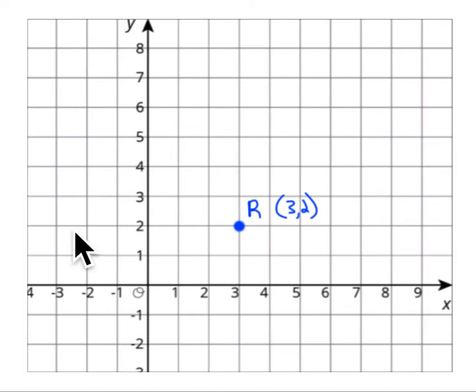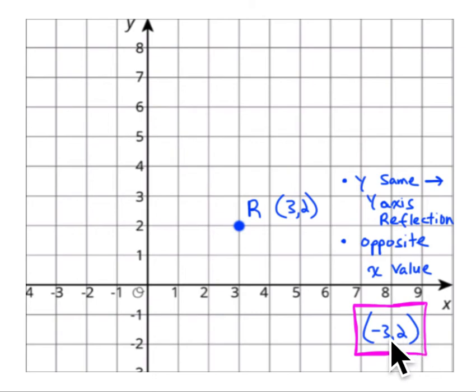So you're going to go in this direction. Notice that the x value now changes signs, but the y value remains the same. So you're going to go up the y-axis 2 units and go in the negative direction 3 units. So this is going to become negative 3, 2. So the point over here is negative 3 and then 2 units up on the y-axis.